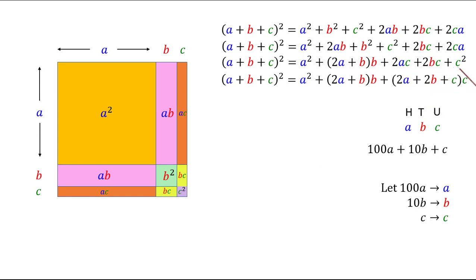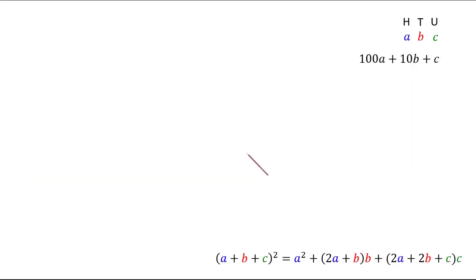So we again take the c as a factor over here, and we write 2a plus 2b plus c, and the c is outside the bracket. So a plus b plus c the whole square can be rewritten as a square plus bracket open 2a plus b, close the bracket b, plus bracket open 2a plus 2b plus c, close the bracket c.